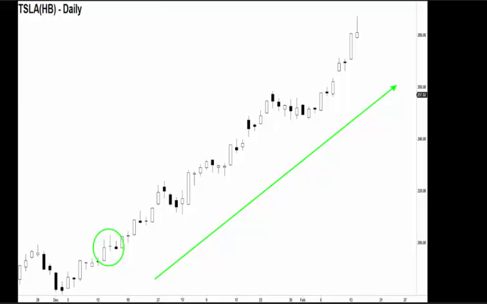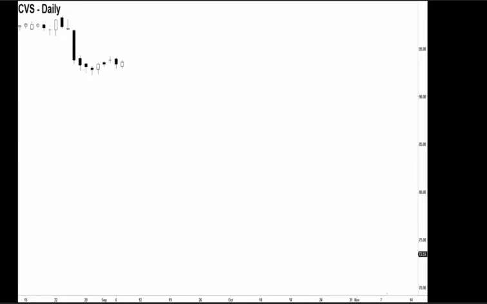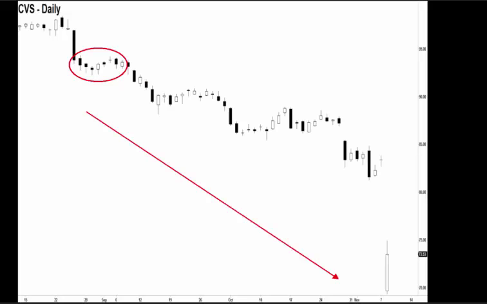And then conversely, this same technique I'm going to be sharing with you, all of the complete strategy rules. If we look at this chart of CBS here, you would have been able to do the exact same thing to the short side if you like, just by looking at this one little pattern right here. Hopefully you would have been able to catch on that on the short side and take advantage of this down move. So this promises to be a great presentation.